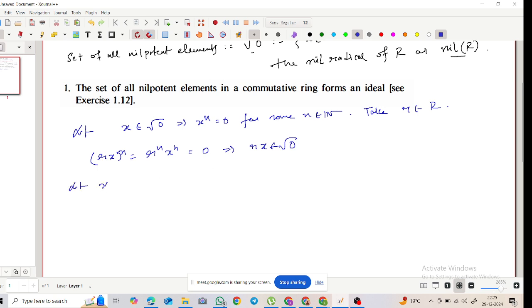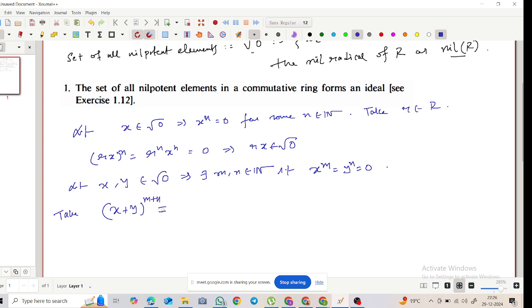Let x, y belong to root 0. This implies there exist m, n belonging to the natural numbers such that x to the power m equals y to the power n equals 0. Now take (x plus y) to the power m plus n.